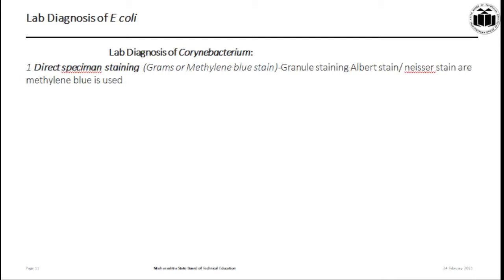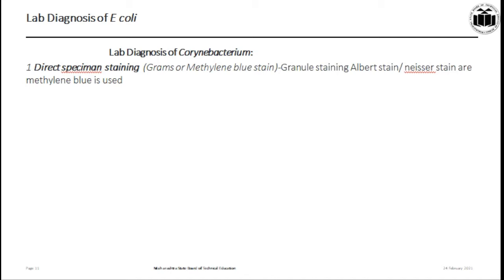When a sample is drawn from a suspected patient, it should be directly stained. If we observe L or V like shapes with granules, it is confirmed that it is Corynebacteria.